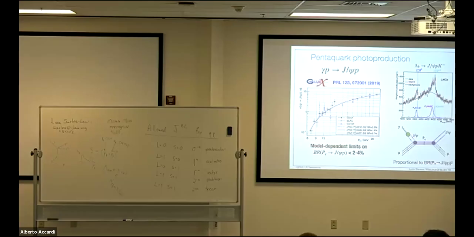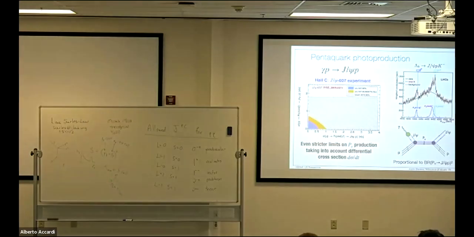We measured that at GlueX. There were other experiments at JLab that have measured similar things. Turns out we don't see any of those features in the data at Jefferson Lab. And so we can set limits on the coupling, how often, if we're producing pentaquarks, they should decay to J psi proton. And it turns out they're at the couple of percent level.